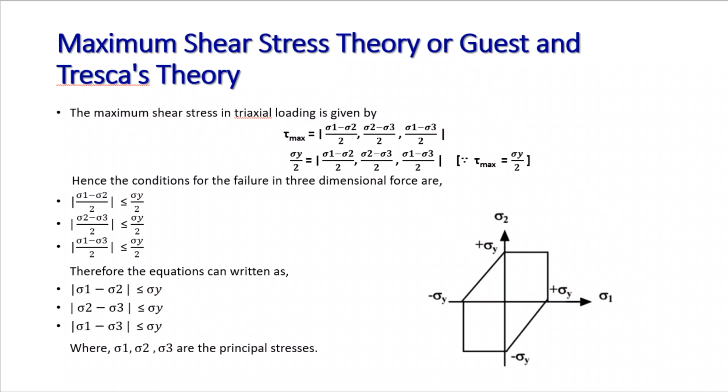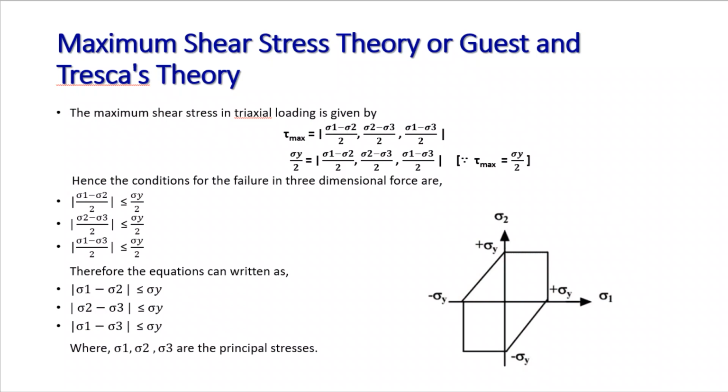And we know tau max should be validated with sigma y, the yield stress obtained from the uniaxial tension test, so sigma y by 2. So the condition of failure is (sigma 1 minus sigma 2) by 2 less than or equal to sigma y by 2.